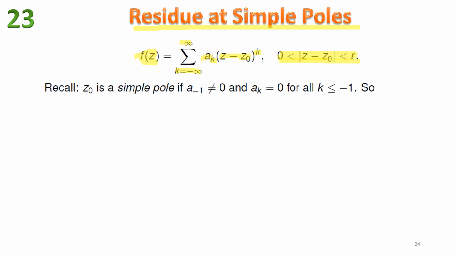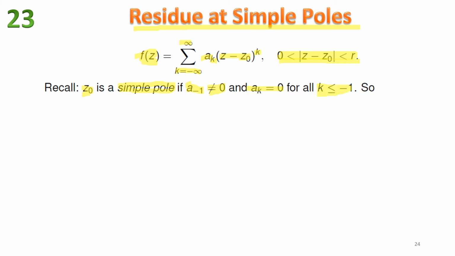Now let us recall what is the simple pole. If the function has a simple pole at z0, then a minus 1 is not equal to 0. This is a very interesting thing because residue is this thing. Residue is a minus 1, and this time a minus 1 is not 0, but ak is 0 for all negative terms smaller than minus 1.